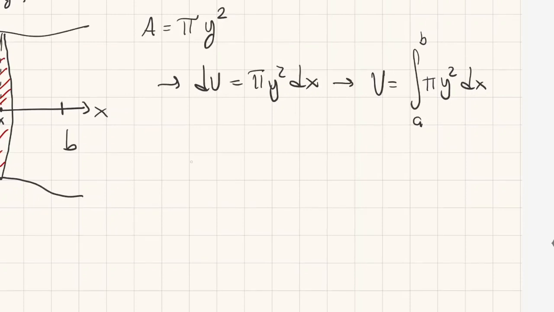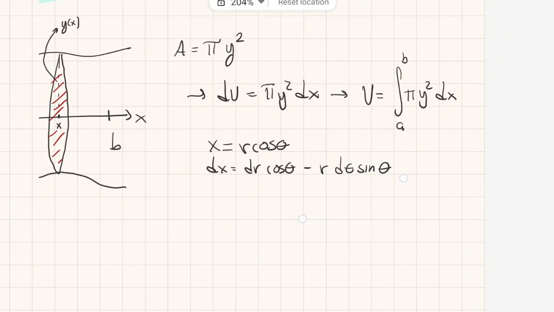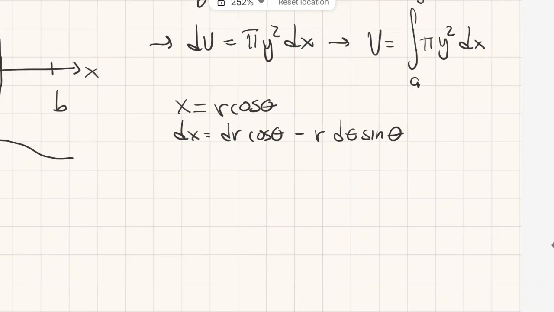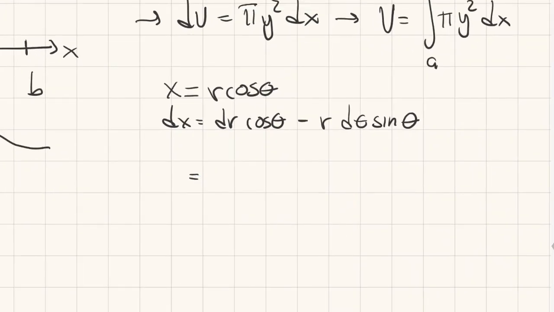Well, we will have that, looking at x is equal to r cosine theta, dx is equal to dr cosine theta, and then minus r d theta sine theta, right? Okay, then from here we can follow two ways. We can factor a dr, or we can factor a d theta. Working with integrals of theta is more common, and I think more convenient also.